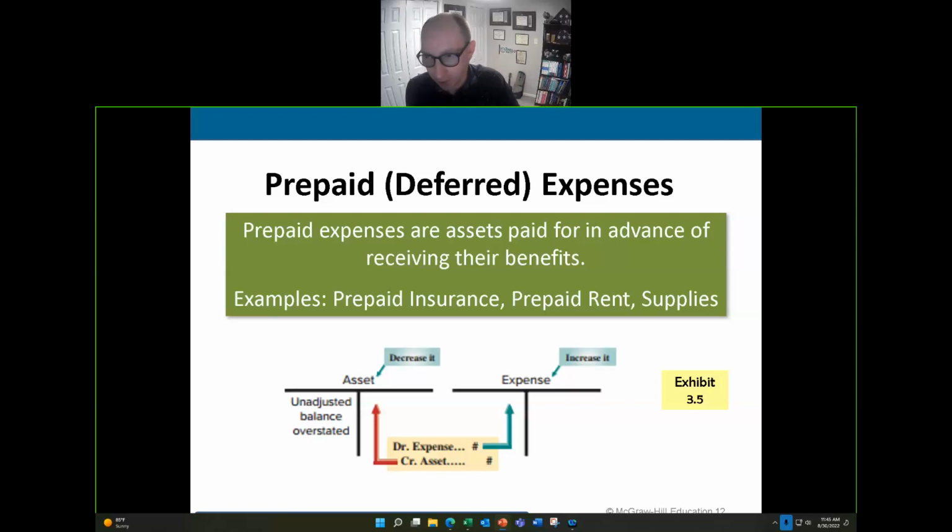Anytime you have a claim to something, meaning you have the right to say, hey, I want a refund, that's usually an asset. For example, Nick, let's say you got car insurance for a year for your car, and you're 4 months into it and decide, I don't like you guys anymore, I'm going to go to a different company.